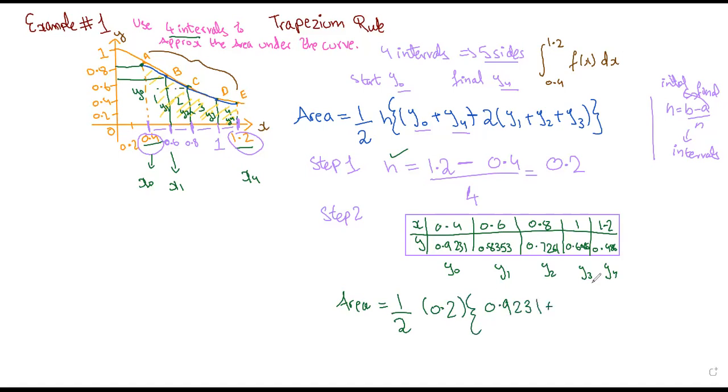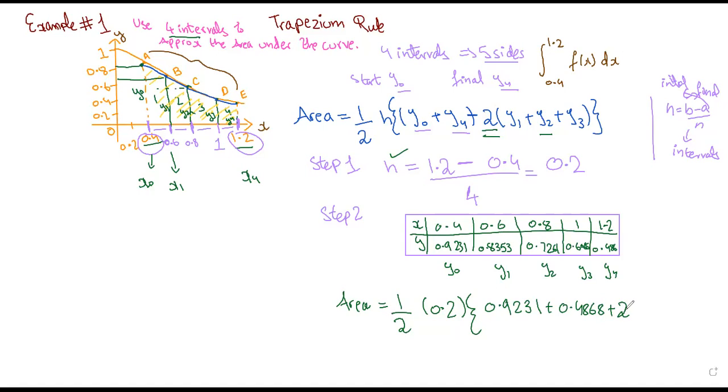So y naught is 0.9231 plus y4 is 0.486 plus 2 times, never ever forget this 2, y1, because y1 is being shared with two trapeziums. Trapezium 1 has y1 as one side and trapezium 2 has y1 as one side. Y2, again, it's over here after this 2. Why? Because it is being shared by trapezium 2 and trapezium 3.